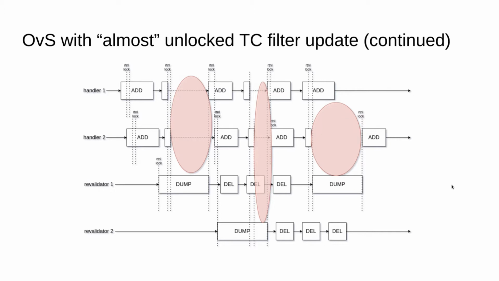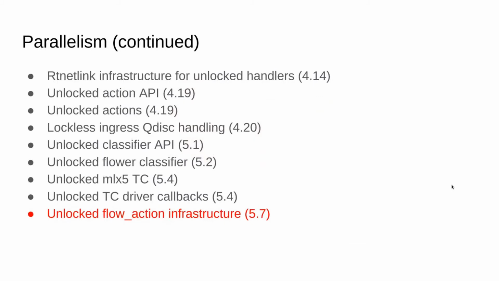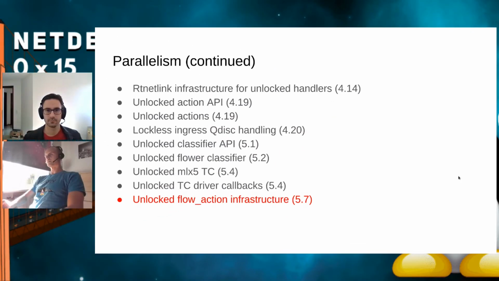So this resulted in significant contention when OVS was running with multiple threads. It should not have been a surprise in retrospect, but it was. So we fixed this several kernels afterwards with the unlocked flow action infrastructure patch set in kernel 5.7.